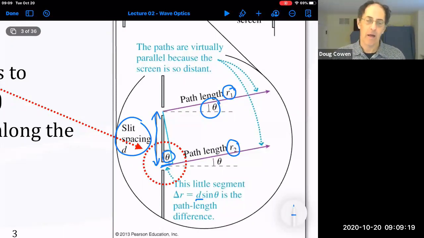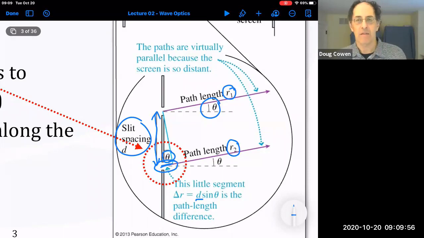And so if you want to get constructive or destructive interference, what you ask for is that that little segment be either an integer multiple of wavelengths or a half integer multiple of wavelengths to get constructive or destructive interference respectively. So if, for example, this distance here is one extra wavelength, then that means that the light that travels along R1 will have traveled, say 10 wavelengths, and the light that travels along path R2 will have traveled 11 wavelengths.